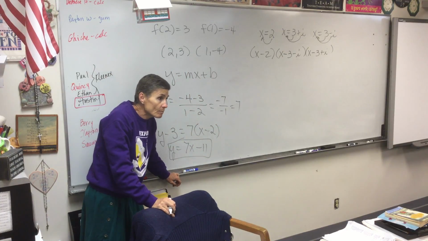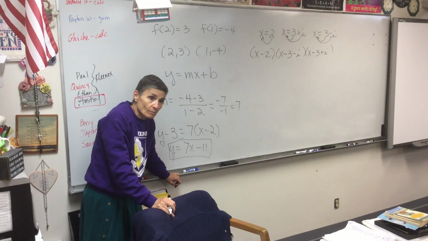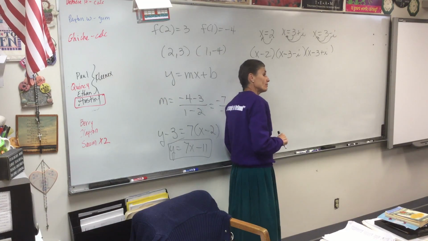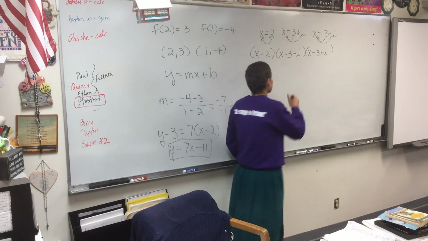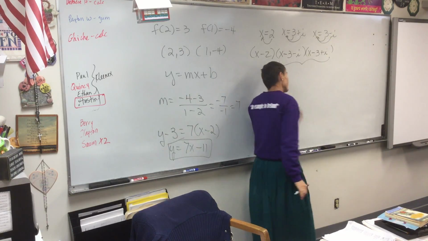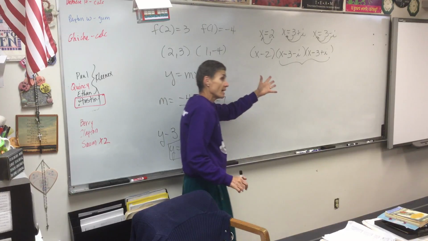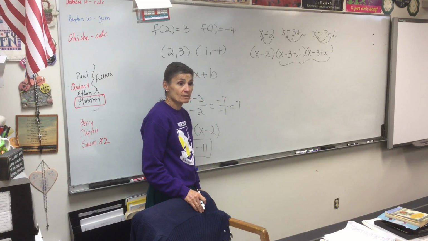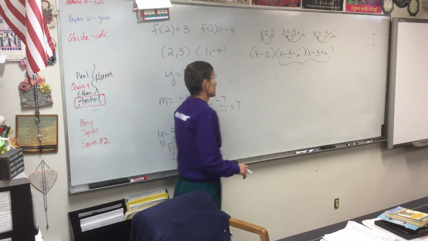Now what do we do? We FOIL it out, and it really doesn't matter in terms of your answer, but I think it's always easier, even though they're bigger, to start there, because since those are conjugates, a bunch of it will cancel out for you. So here we go.